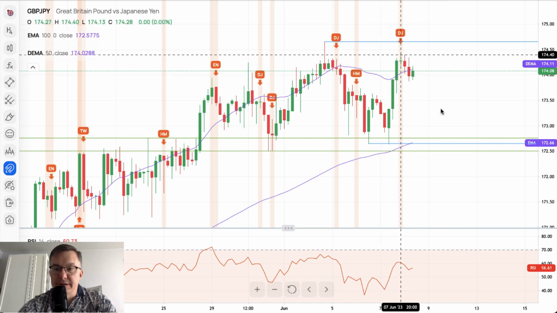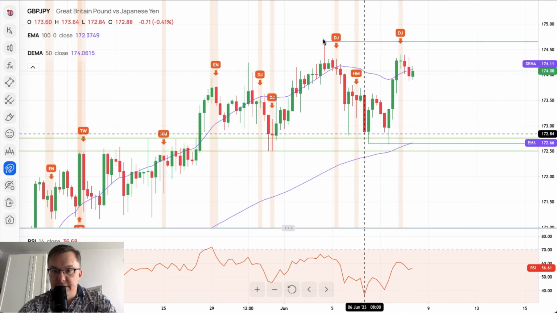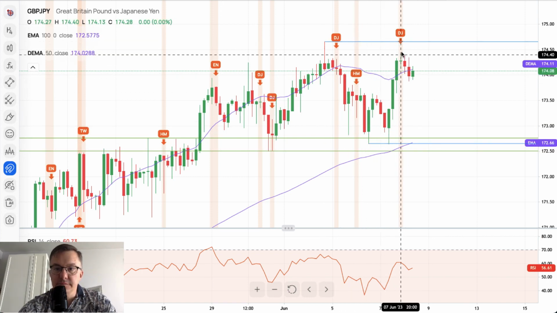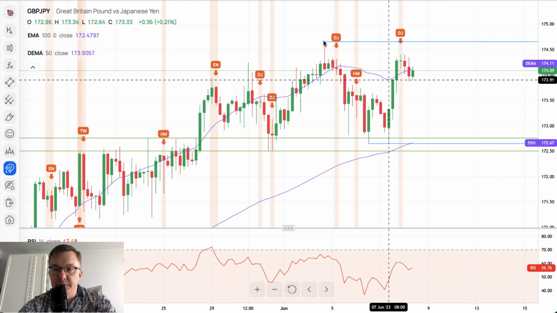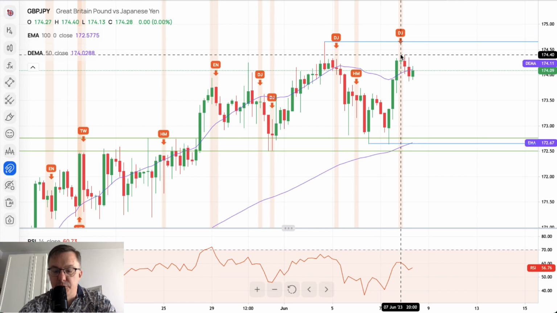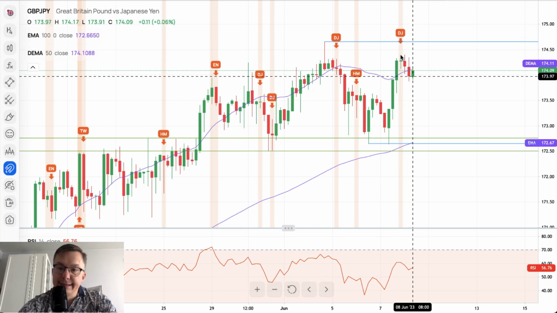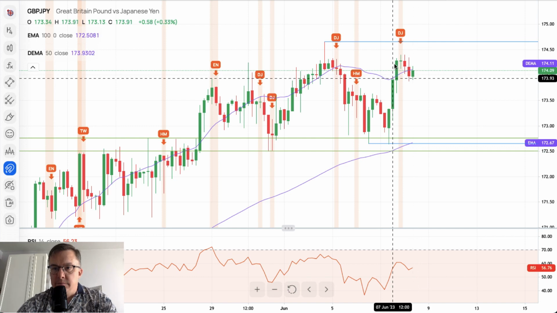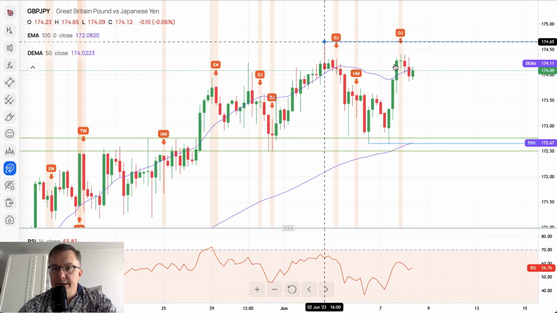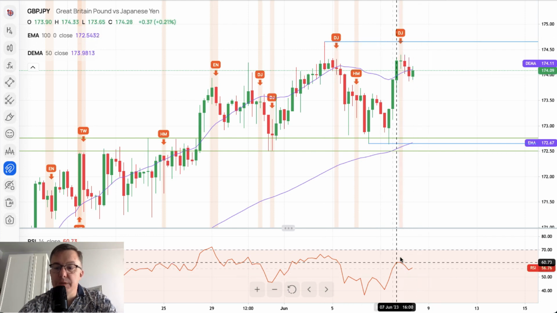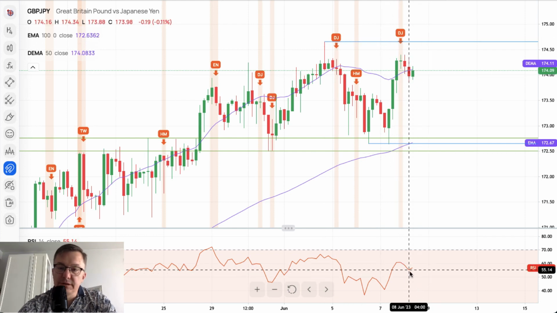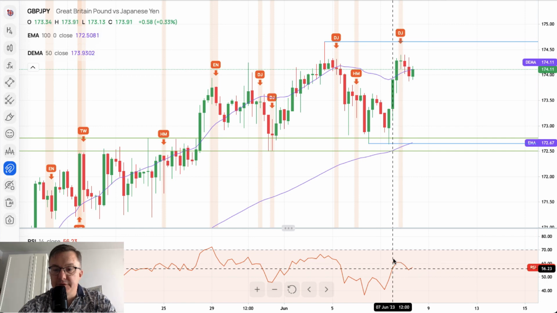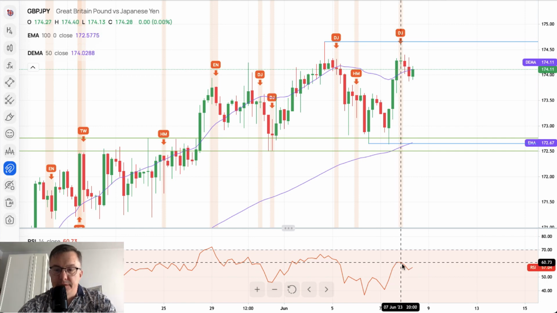There was a bounce, but the bounce after the high was made never went above the swing high. We stopped at 174.40 and the market is still trying to move again higher above the last swing high. Momentum is positive, maybe not that strong, but it's in positive territory.